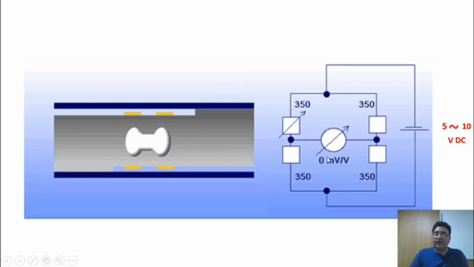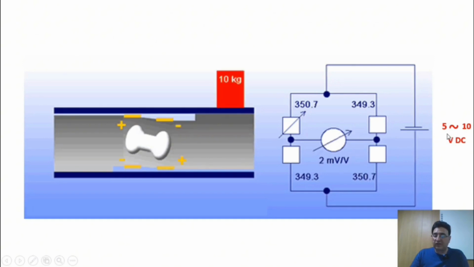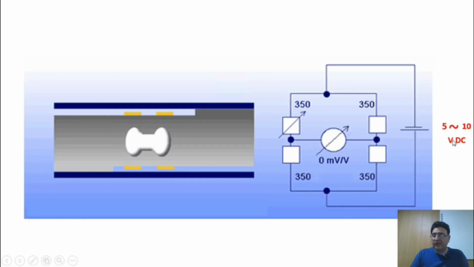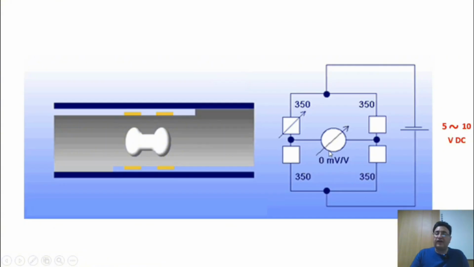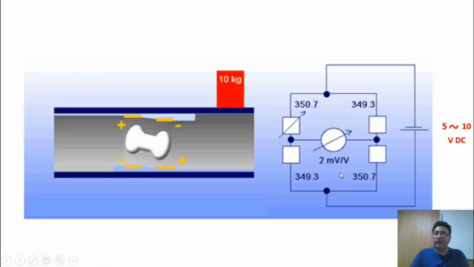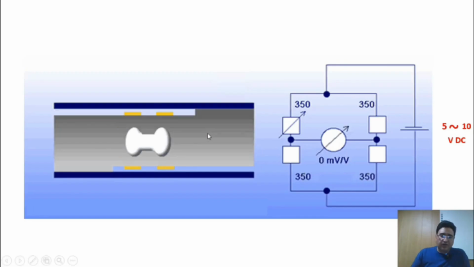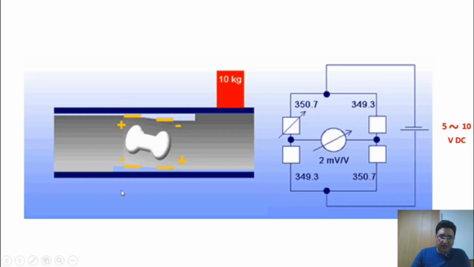Now let's consider a scenario where the voltage that this load cell receives from the display unit is precisely 10 volts DC. Consequently, our resulting output signal will be 20 millivolts. Suppose the load cell we're using here is a 10 kilogram load cell.